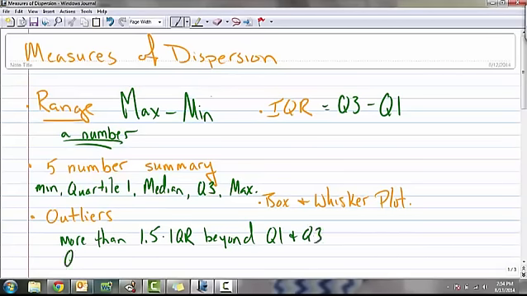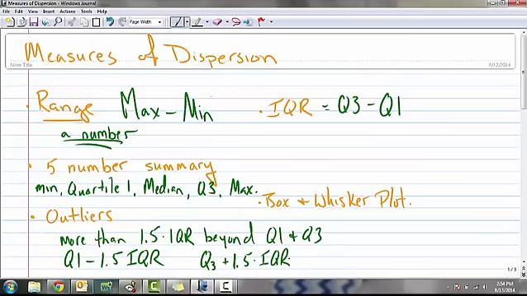So in other words, Q1 minus 1.5 times IQR. If any data value is smaller than that, we consider that to be an outlier. And likewise, if we have Q3 and we add 1.5 times this IQR, anything bigger than that value will be considered an outlier.